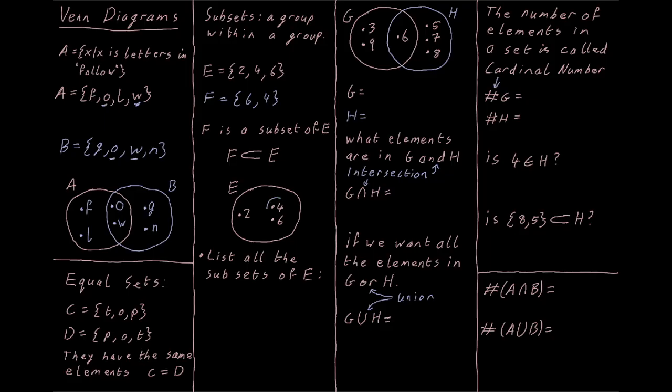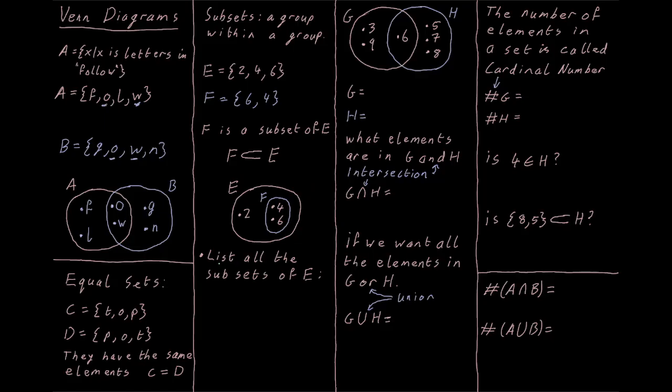So the set F would be fully inside the set E. It's a group within a group. Again, the Venn diagram helps us to see that. We can see that in the list, but it is very intuitive. We have a much better feel for the idea that F is within the group E when we draw our Venn diagram. And that's what Venn diagrams help us with.